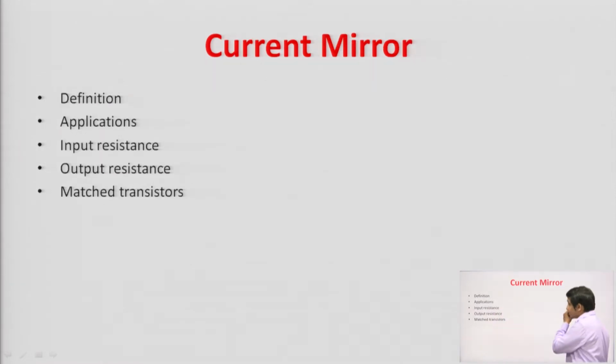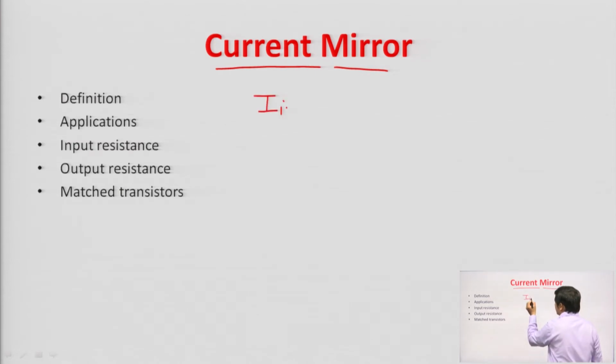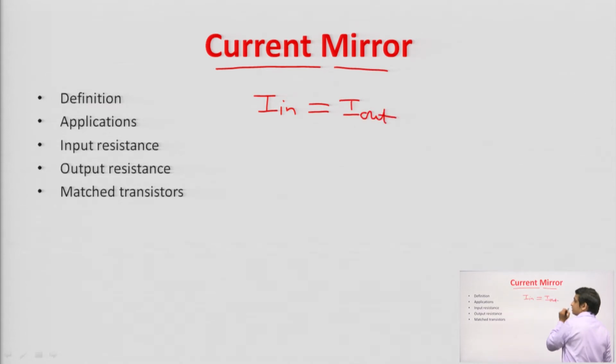Now, starting with the current mirror, as the name suggests, the current is mirrored. It means that whatever input current we give, that will be equal to the output current. Vice versa, the output current will be the mirror of the input current.